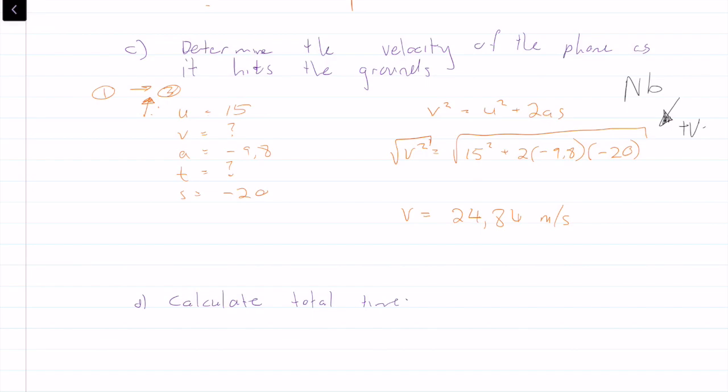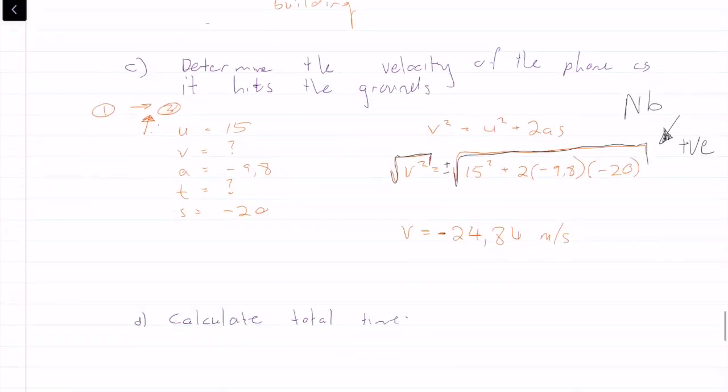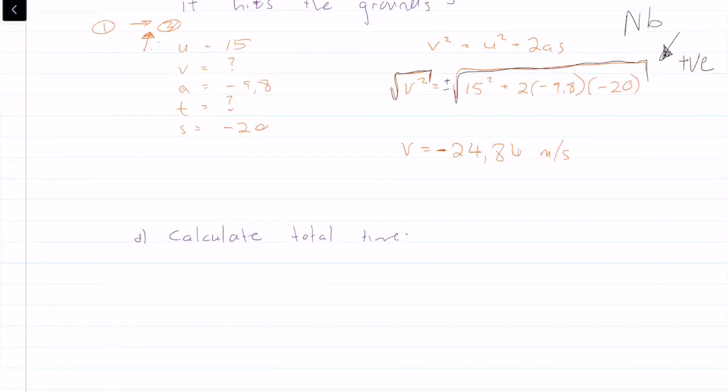An important thing to note, NB: with this equation, the answer will always come out as a positive velocity. The reason for that is because we're introducing a square root sign. So technically we should be saying plus or minus, and in this case, the answer is minus. So we need to do this by inspection. We know this phone is going down at point 3, so that means the velocity must be downwards.